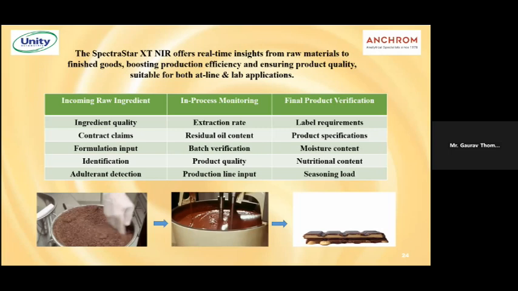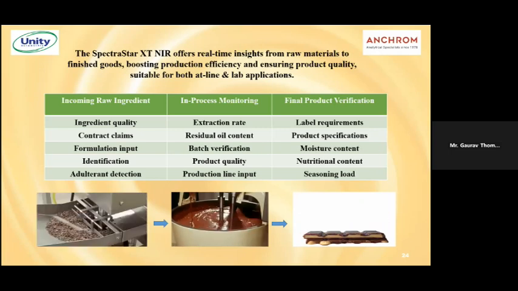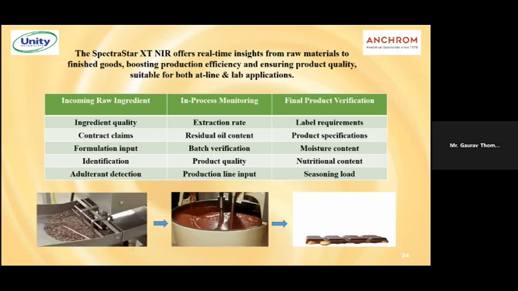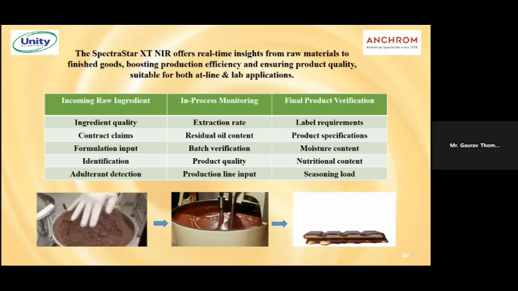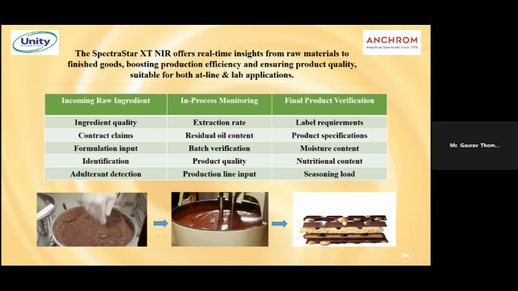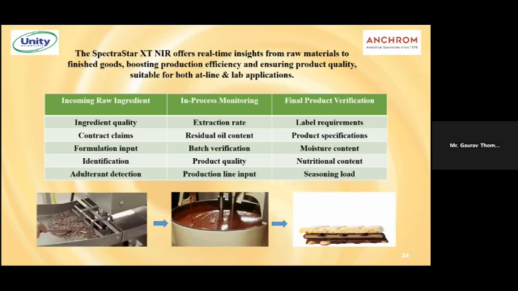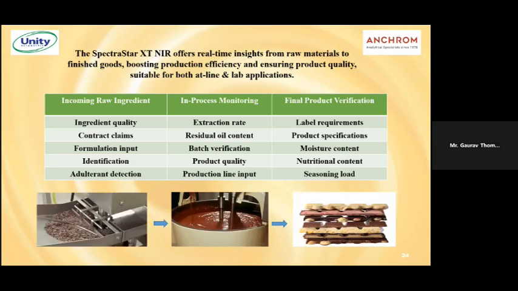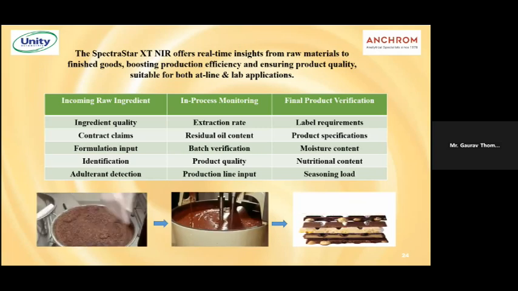Next is in-process monitoring. Suppose you've subjected your milk to cream separation, and the buttermilk is separated from it and the liquid is drained out. You could check for the extraction efficiency. Initially you had some amount of fat in the milk.